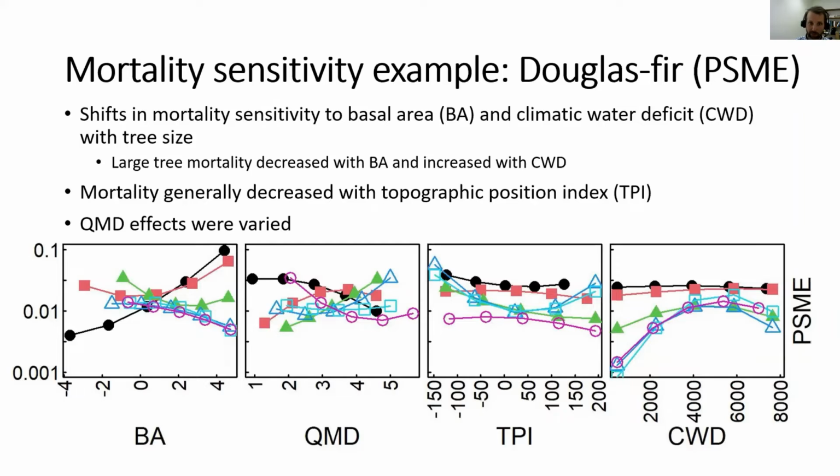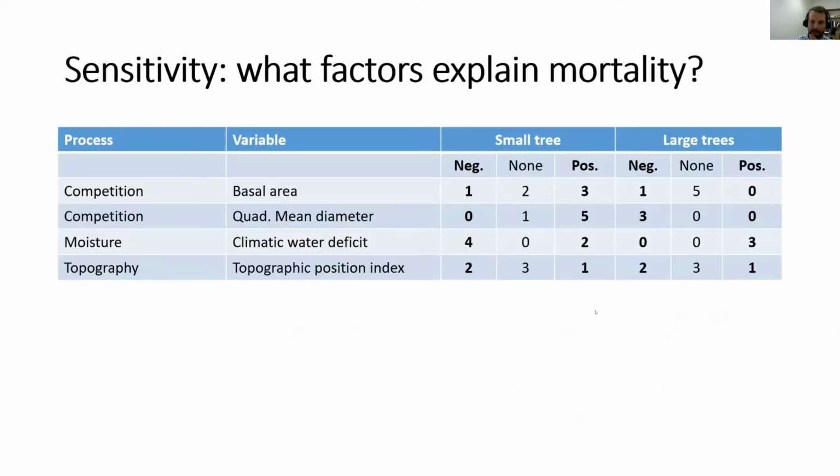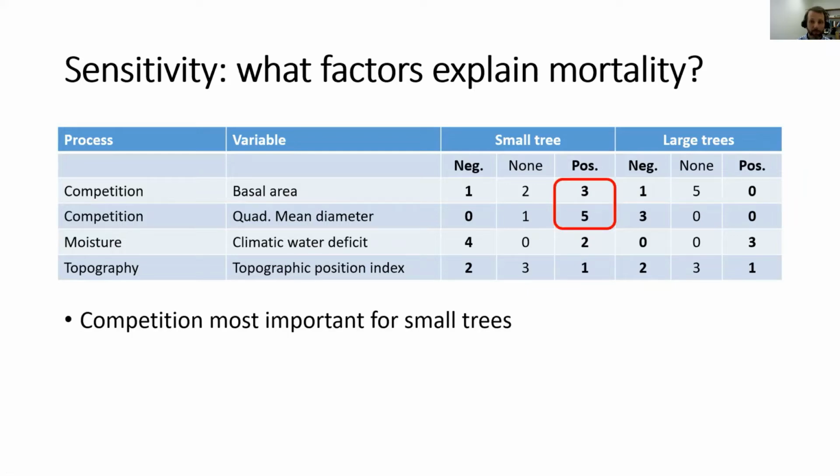But really, to avoid too much detail here, I summarized the positive and negative effects we have by variable and broadly grouped them by types of processes, whether competition, climatic moisture, or topographic moisture. And what we see is, for small trees, we had a lot of positive effects of basal area and QMD. So as stand density gets greater and quadratic mean diameter increases, so tree sizes increase, small tree mortality tended to increase, which makes sense from a light competition point of view.